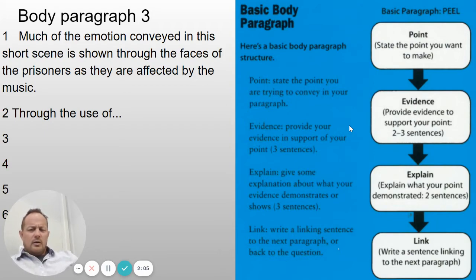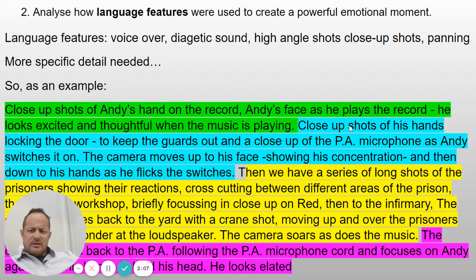Now, what we can do at this point is have a quick look back at our examples, and we've got this big yellow example here of the long shots of the prisoners showing their reactions. We've got cross-cutting between different areas of the prison. There's a brief close-up on Red. There's a shot panning the infirmary.